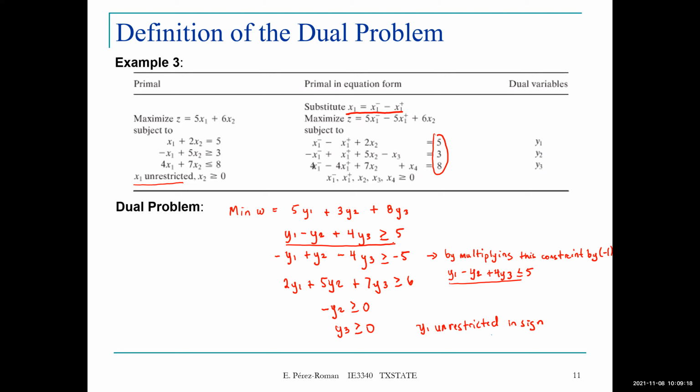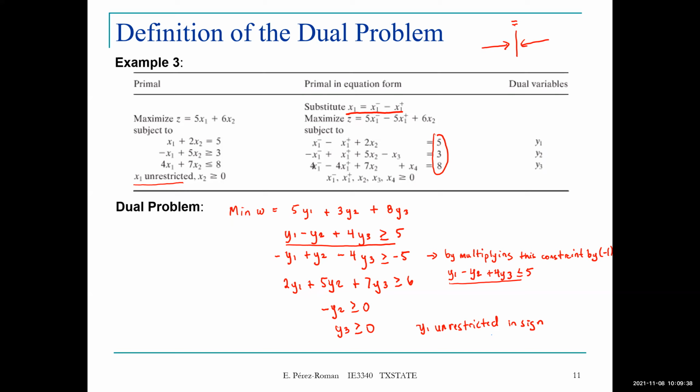But if you look, they are only overlapping on that equality, right? One of the constraints will be going in this direction and one will go in this direction, and they will meet at the equality.